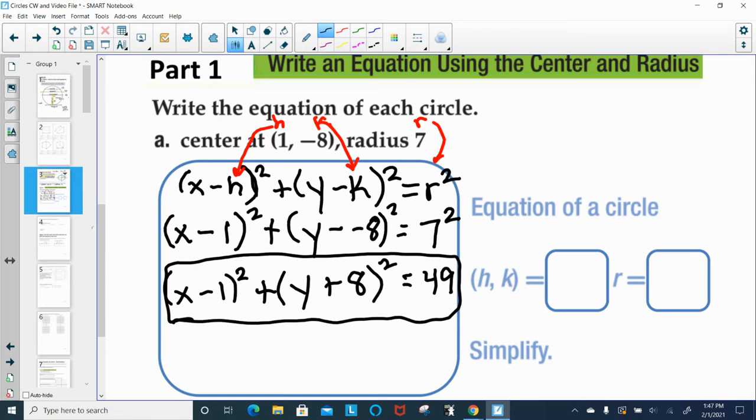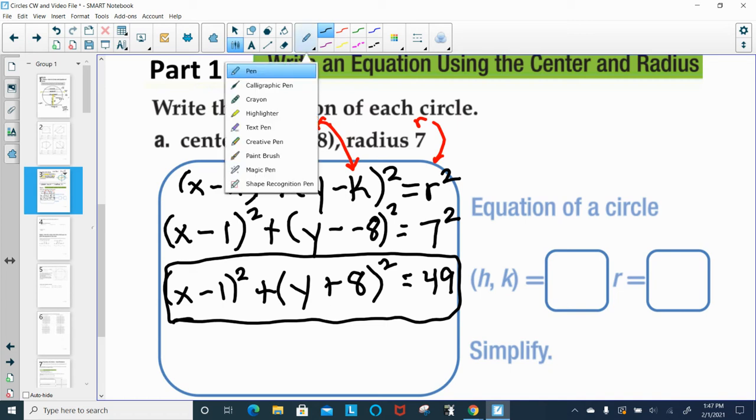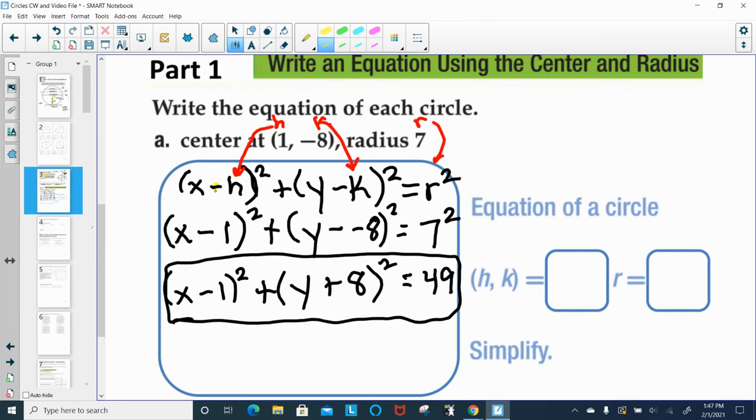So when we put something into the equation or take it out of the equation for the center point, it isn't really changing sign, but it's going to appear that the sign changes because our standard form has these negative signs in it.